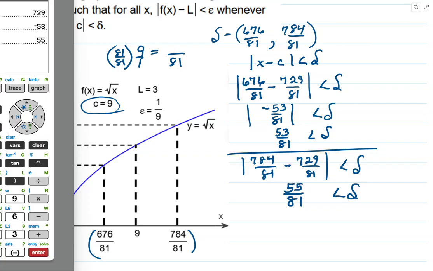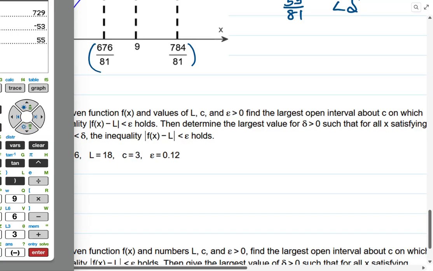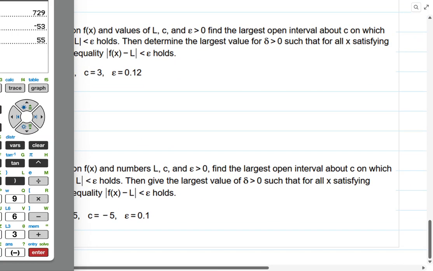Yes, 53 exists in the 55. Therefore, 53 is the largest delta we consider. That's right. It has to be equidistant. Everybody good? Very nice, class. Thank you. Thinking, thinking, thinking. I love it.